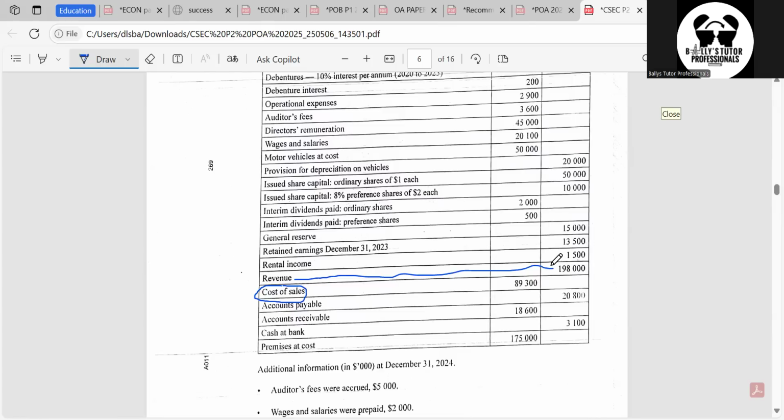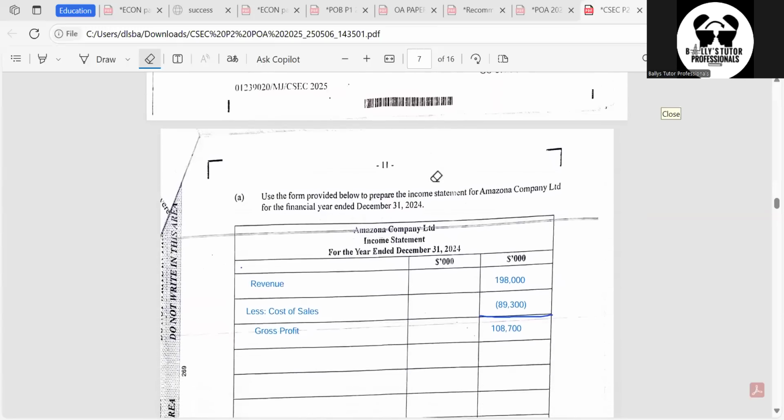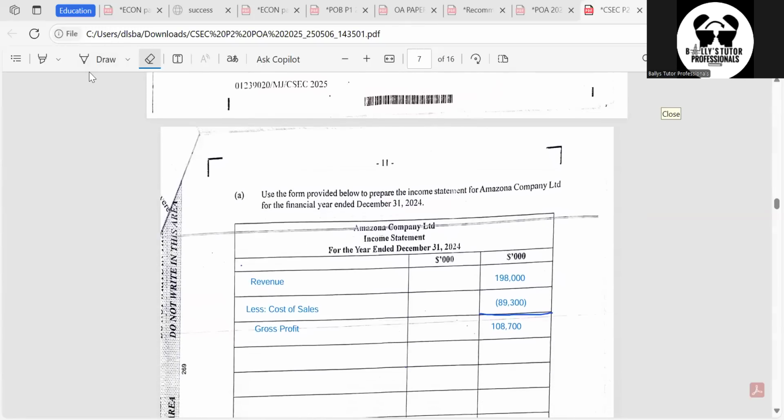They just gave us revenue, which would be our sales figure. So to calculate gross profit, we just have to take revenue minus our cost of sales, and that will give us our gross profit. So that's exactly what we did here.